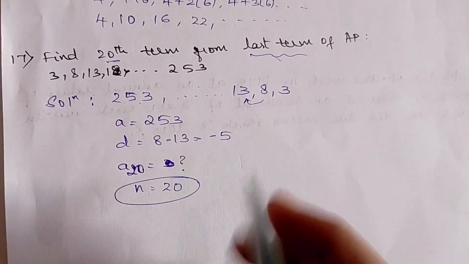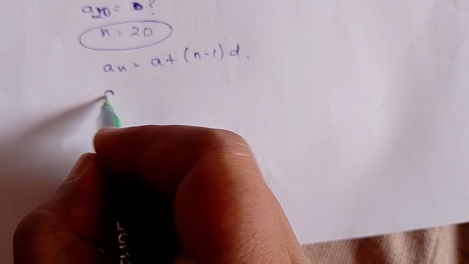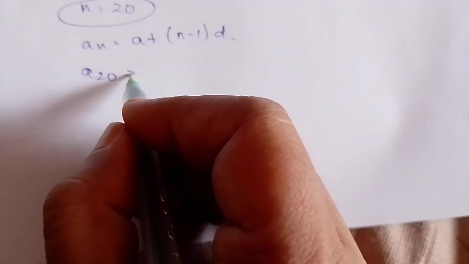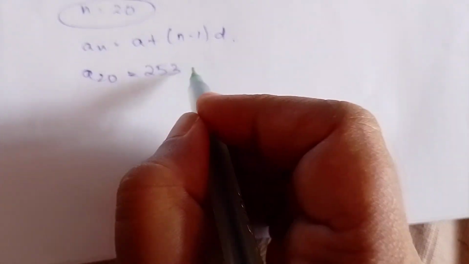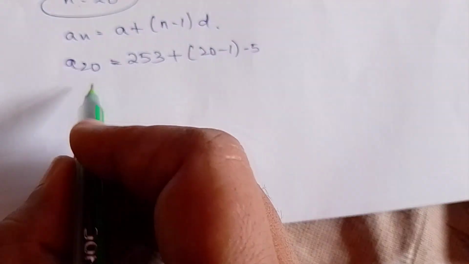Now what are we going to do? We are going to use the formula an is equal to A plus n minus 1 into D. A20 we should find is equal to 253 plus 20 minus 1 into minus 5.